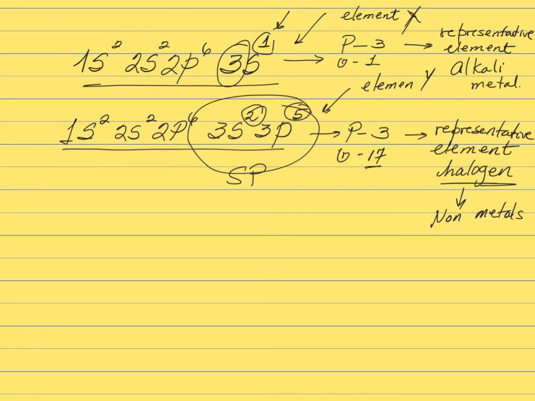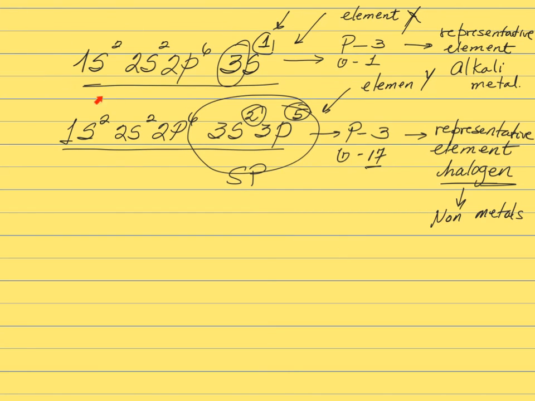Which one between X and Y has the biggest atomic radius? In that case, it's going to be the metal, because remember, when you are moving across the period from left to right, the atomic radius is going to decrease.